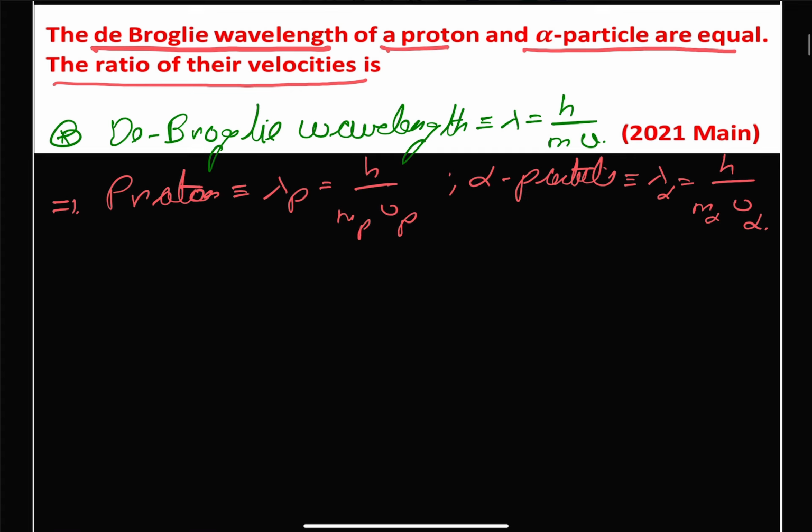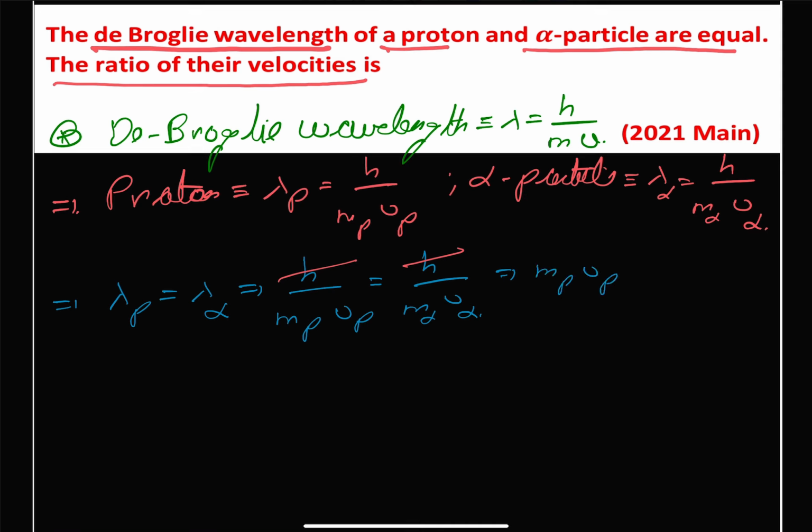We are given that both wavelengths are equal, lambda p is equal to lambda alpha. So h upon mass of proton, velocity of proton is equal to h upon mass of alpha, velocity of alpha, where h cancels out, and this gives us mass of proton, velocity of proton is equal to mass of alpha and velocity of alpha.